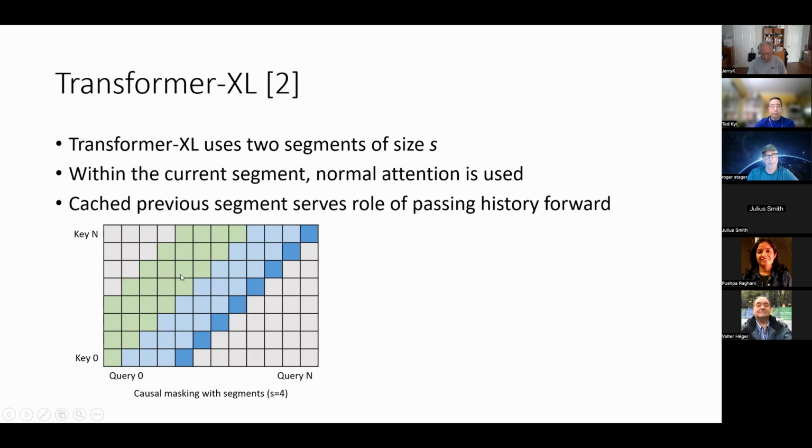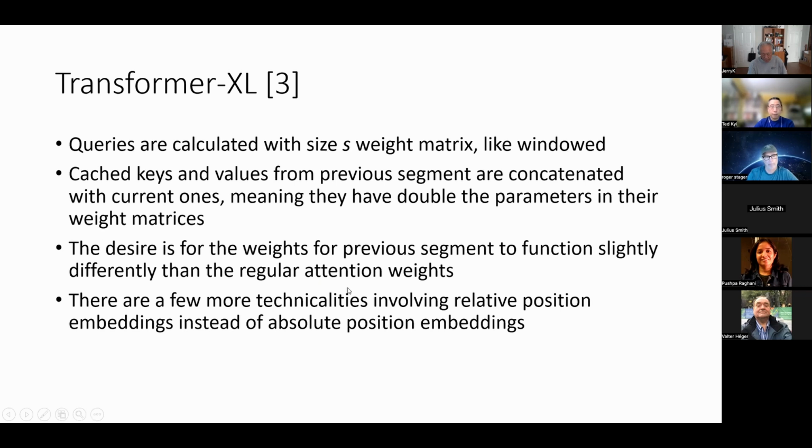So what exactly do they do with this second window? Basically, if you think about the way queries are dotted with keys, you do this matrix multiply, and it's normally a square matrix.